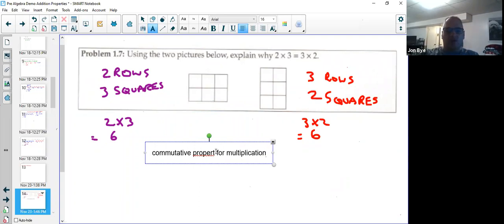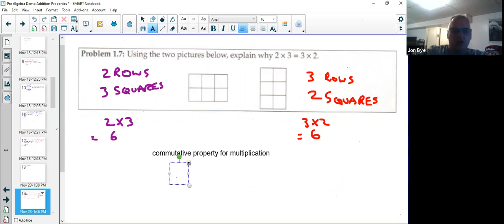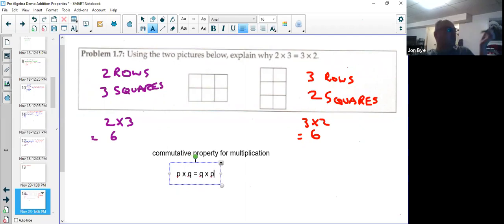The commutative property for multiplication really says if I have 2 numbers, I can just write this down: P multiplied by Q is the same as Q multiplied by P. You can commute it. You can multiply it the other way.